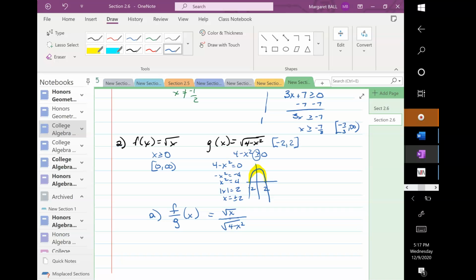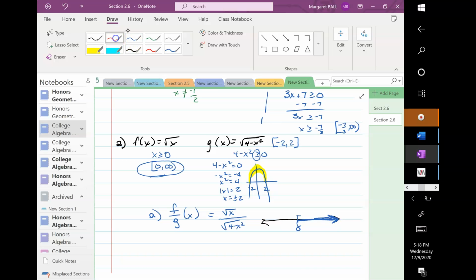Okay, so where do they overlap? To do that, it would be wise of you to draw a number line and graph this domain. So here's 0, and I'm going to put a bracket on there and shade to the right.